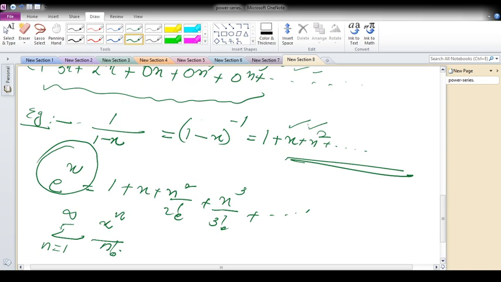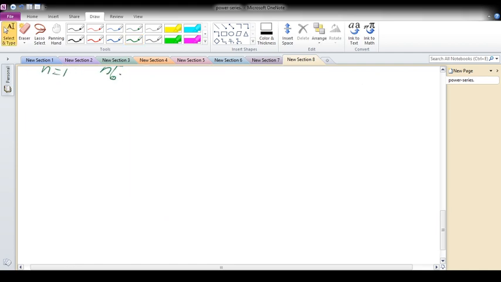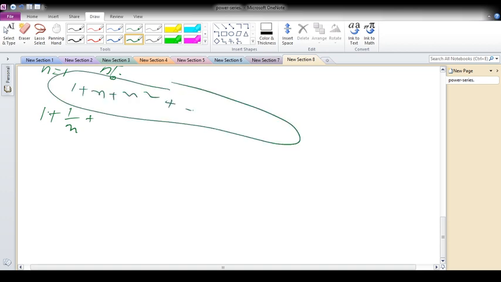So you should remember that a negative power will not be a power series. That is, 1 plus x plus x square plus continuing this way is a power series.